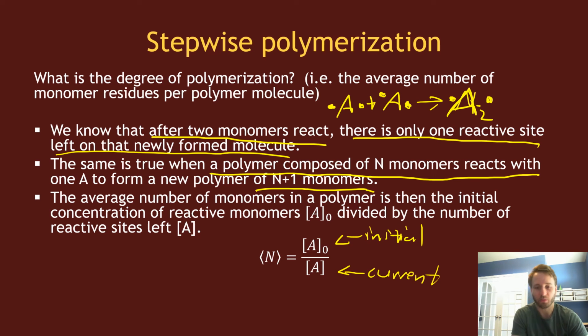On average, the concentration of active monomers that's lost has gone into creating some larger polymer chain. So the average size of the polymer chain is related to this: if I've lost 10 monomers and formed 5 chains, on average each chain is 2 monomers in length. That's the idea.